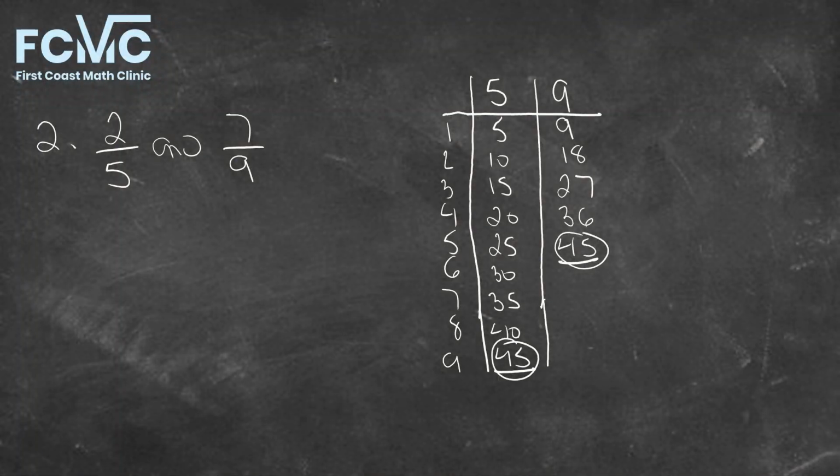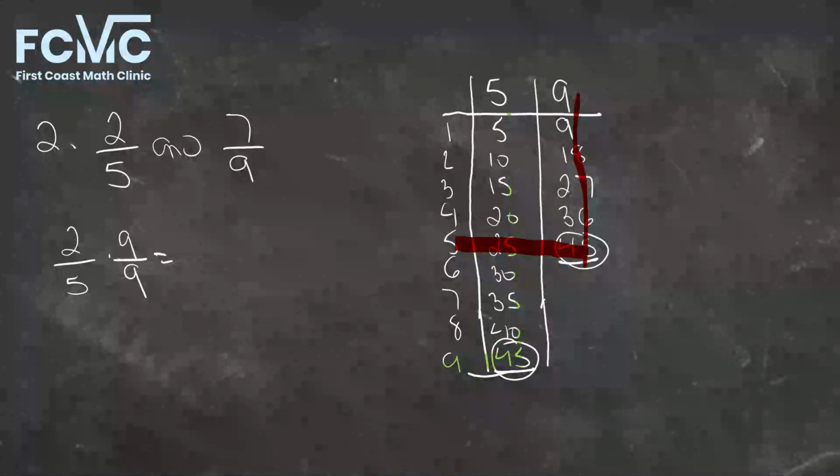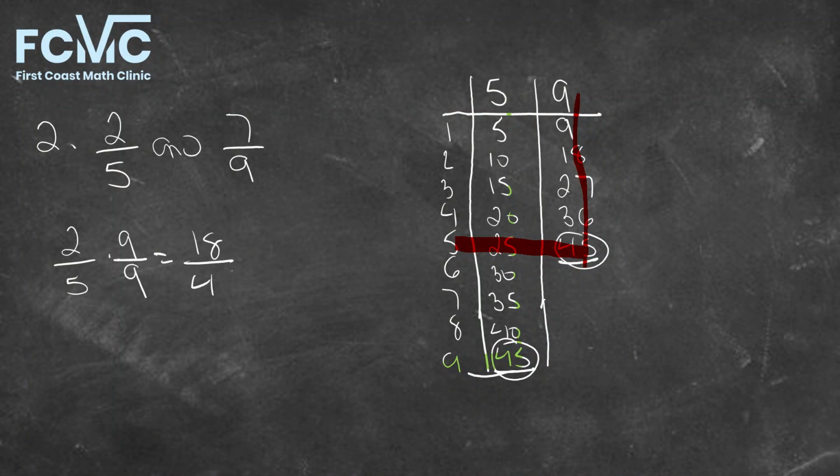So let's think about, all right, what are we multiplying 5 by to get 45? Well, we're multiplying by 9. What are we multiplying 9 by to get 45? Well, we're multiplying by 5. So let's multiply our fractions. 2/5, we know we're multiplying 5 times 9, so times 9, and we get 18 over 45.